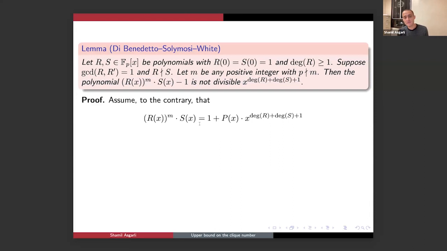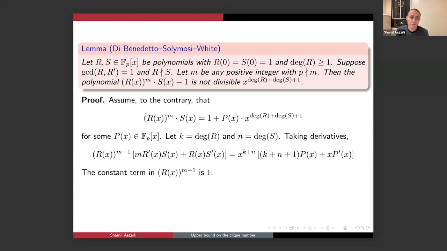Then that means I can write R(x) to the m times S(x) as 1 plus some polynomial P times this monomial, x to the power of degree of R plus degree of S plus 1. And of course, P here is some polynomial with coefficients in F_p. Now let k be the degree of R, and let n be the degree of S.